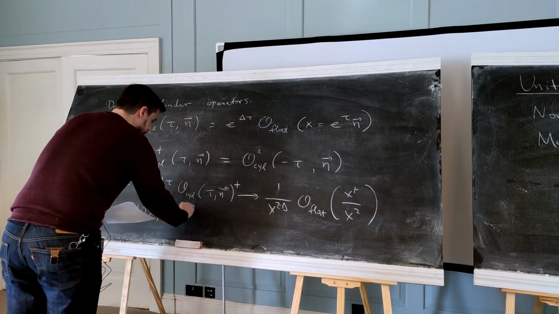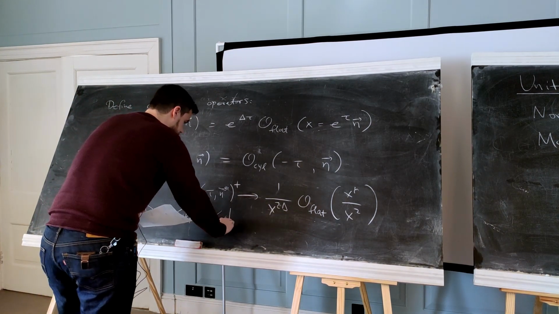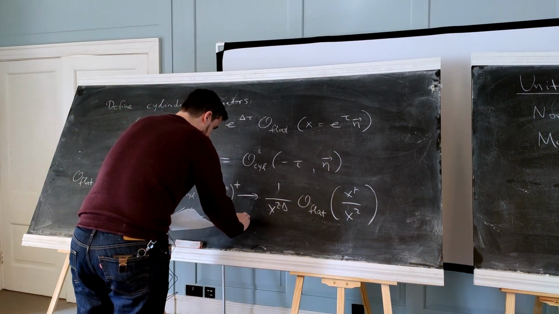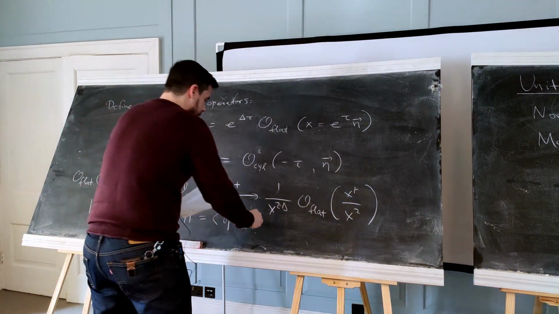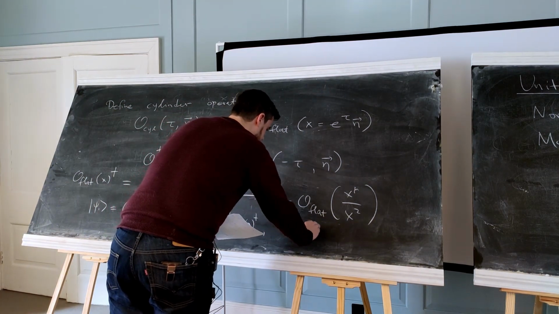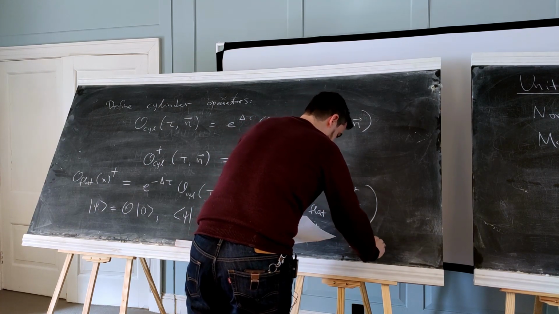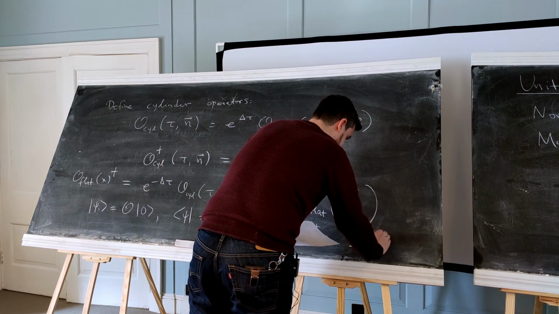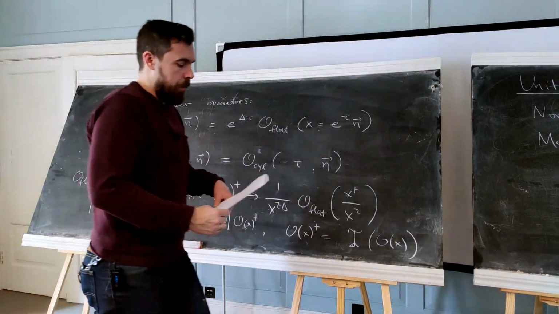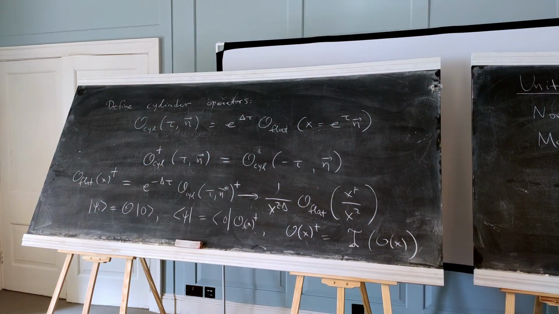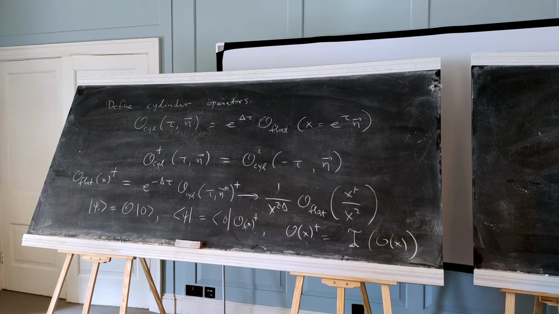Then we can define the bra state as the vacuum where we act with O(x) dagger. And as we showed here, O(x) dagger is an inversion on O of x. So this is what we showed. And operators are then conjugated by inversions.